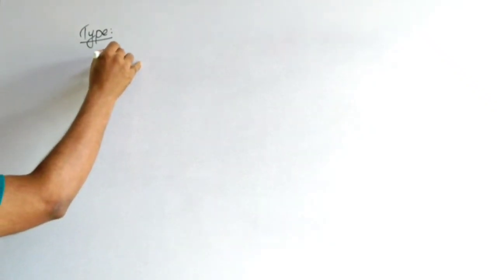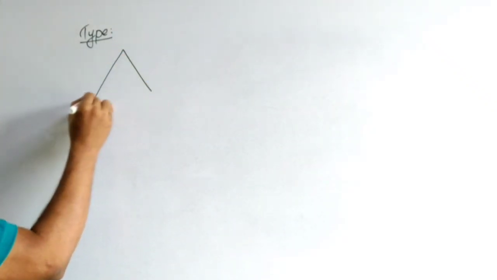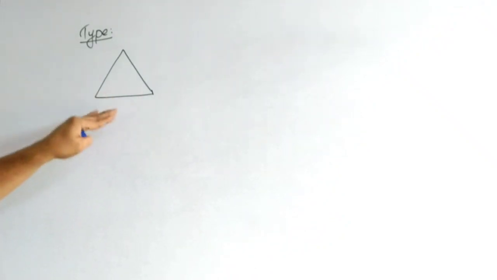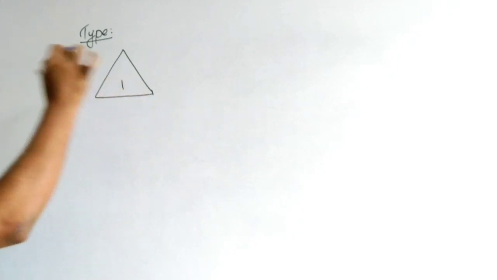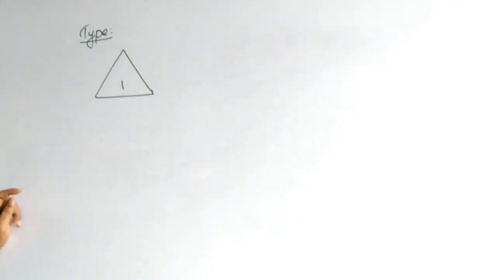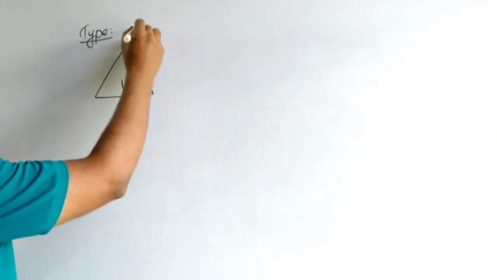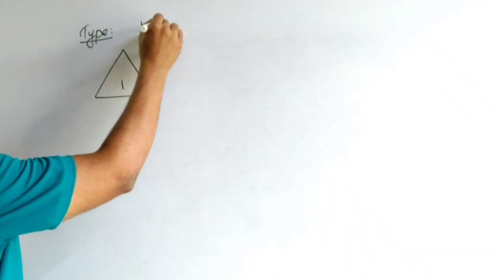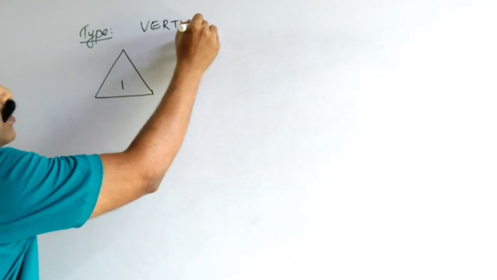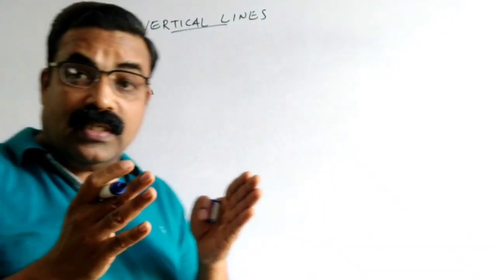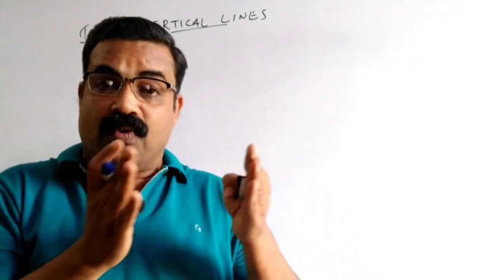When I draw a triangle like this and we are asked how many triangles are here, we can say there is only one triangle. But the type 1 questions are mainly about vertical lines. So we are talking about the vertical line. That is a type 1 question.